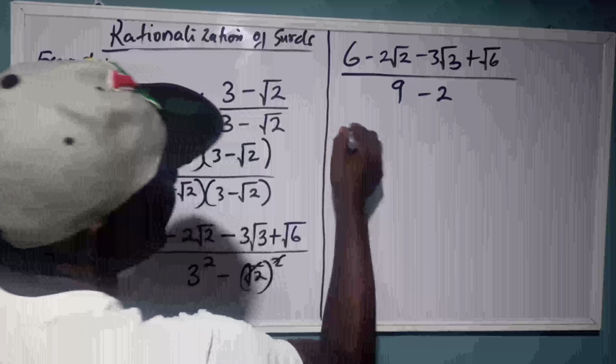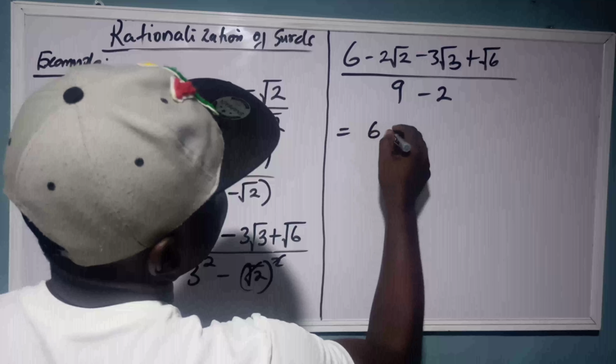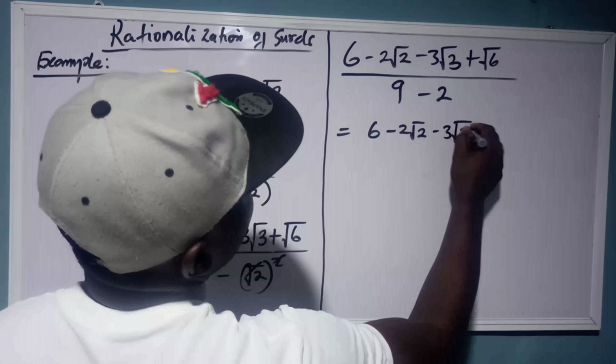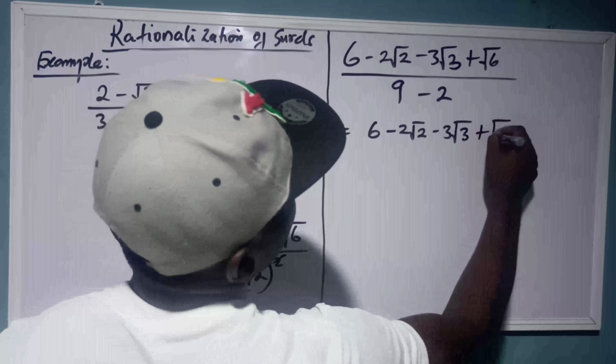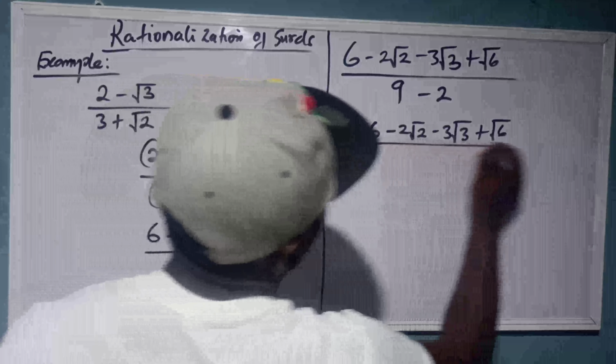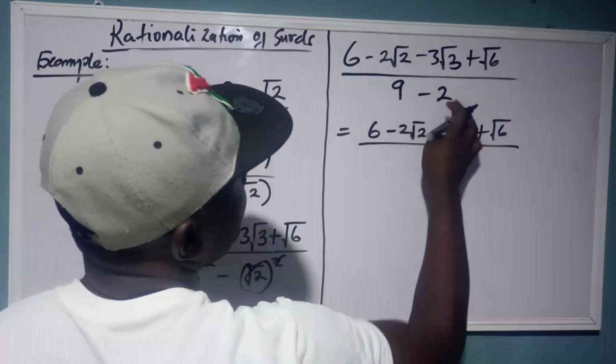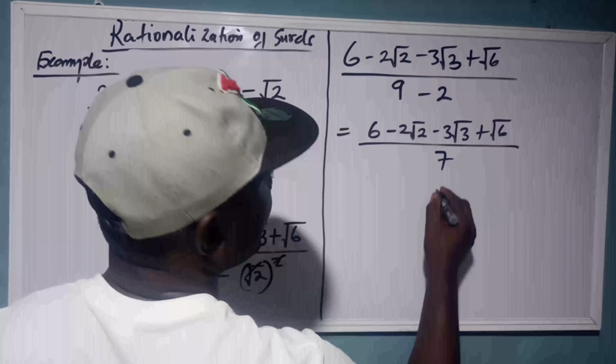So to finalize this, we have 6 minus 2 root 2, minus 3 root 3, plus root 6, all divided by 9 take away 2, which will give you 7.